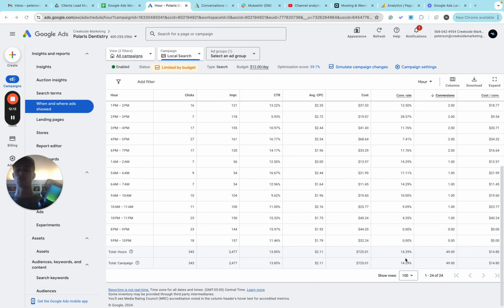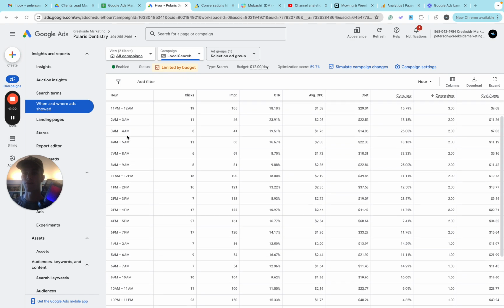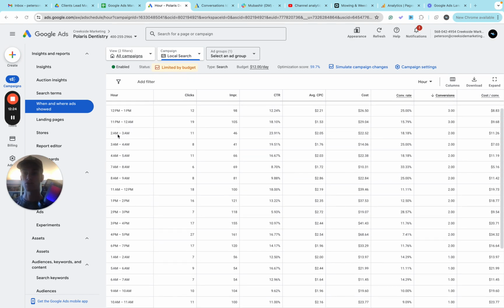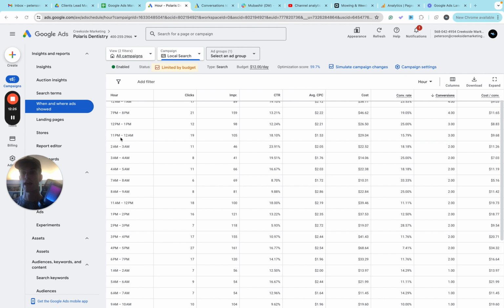So we're going to look at the later parts of the night, like 1 a.m. to 2 a.m., 3 a.m. to 4 a.m., 2 a.m. to 3 a.m., and 11 p.m. to 12 a.m. A lot of the time we like to see what the performance is, to see if we just want to do a blanket ad schedule to block off these times of day, or if they are actually getting good performance.